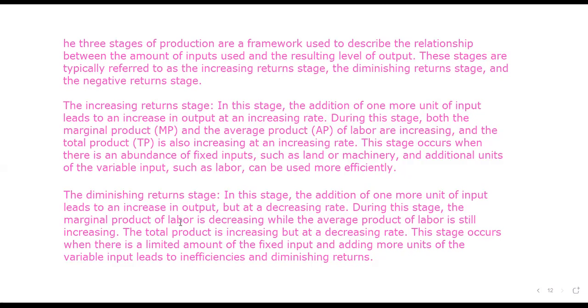The marginal product begins decreasing, while the average product is still increasing, but it's reaching its peak. The total product is increasing, but at a decreasing rate. This is a stage where there is a limited amount of fixed assets, and adding 1 more unit of variable input will result in the inefficiencies I talked about. And finally, we go to the last stage.